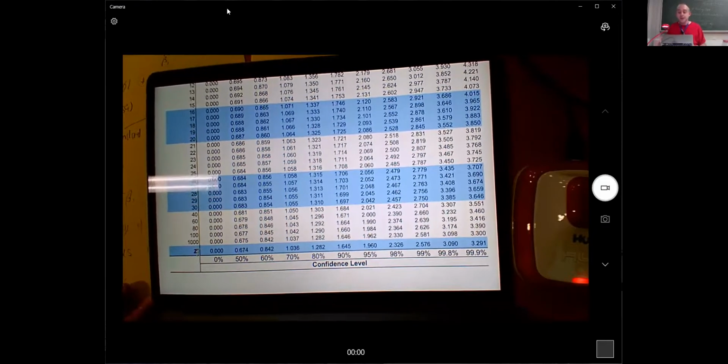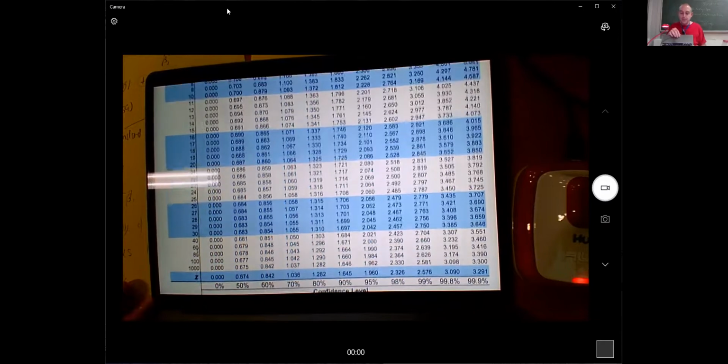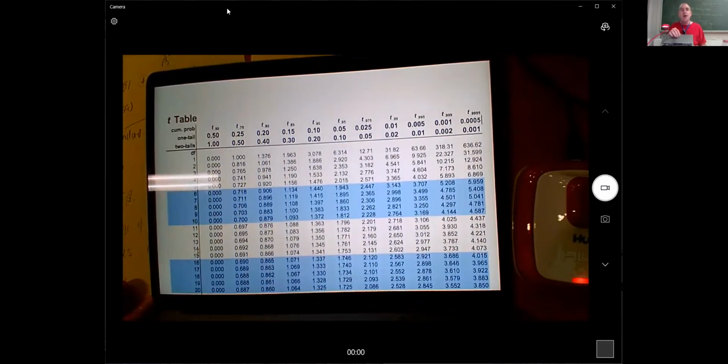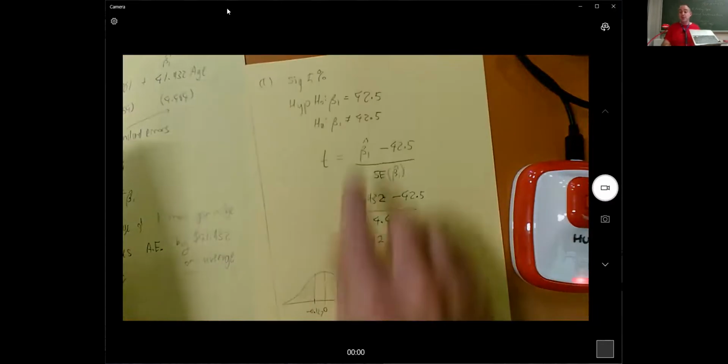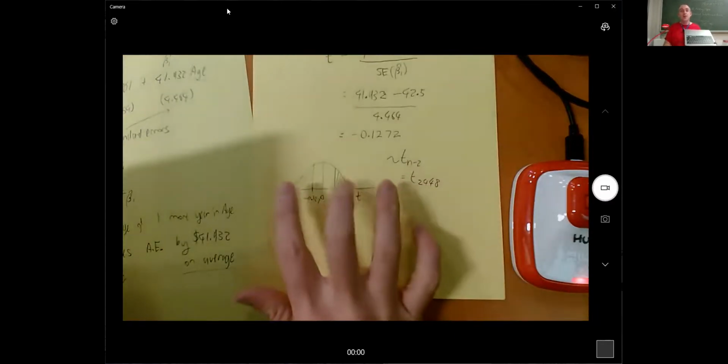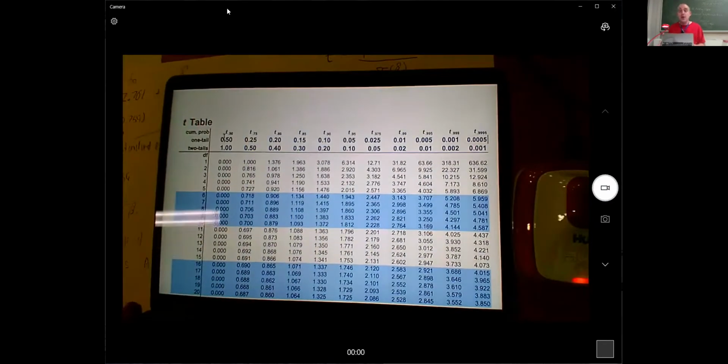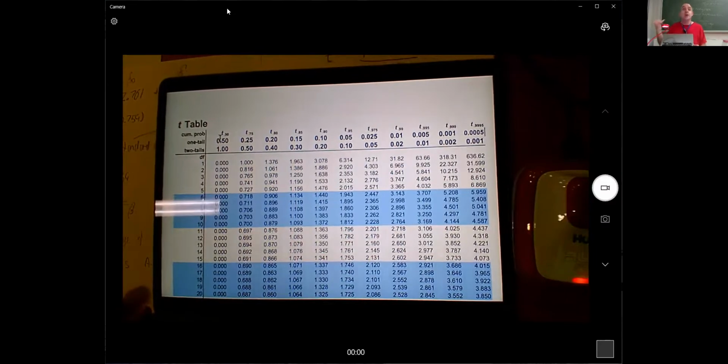So I'm looking for the t that goes with the 5% significance level. And I'm using both tails because it was a two-sided hypothesis. So this is automatically giving me the outside of the thing.